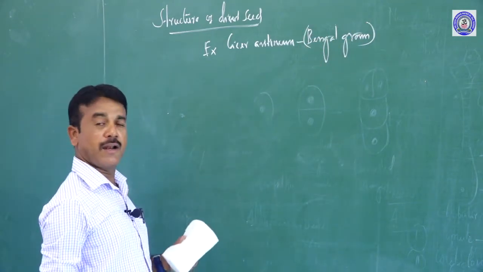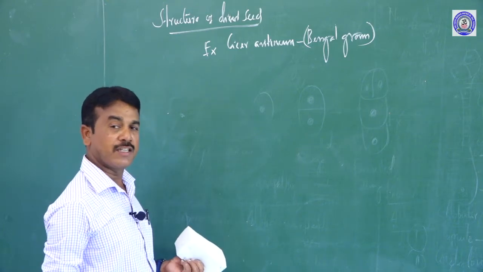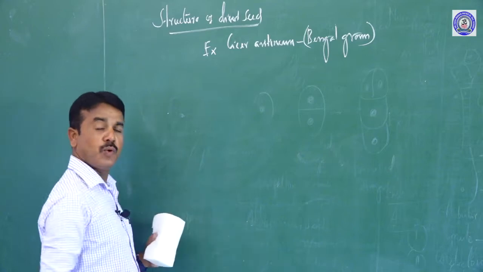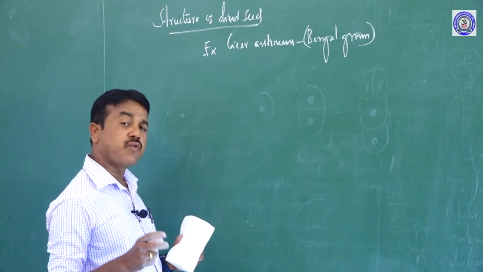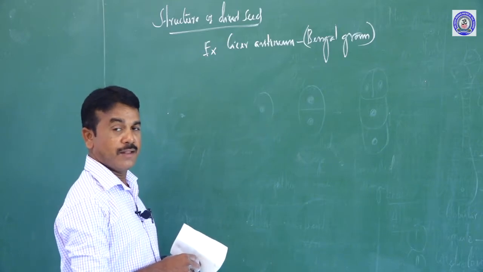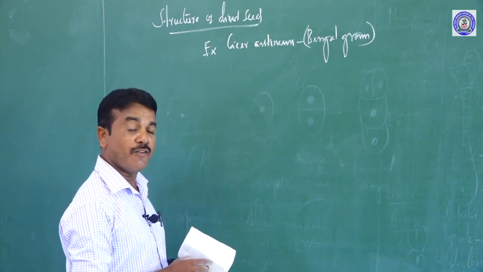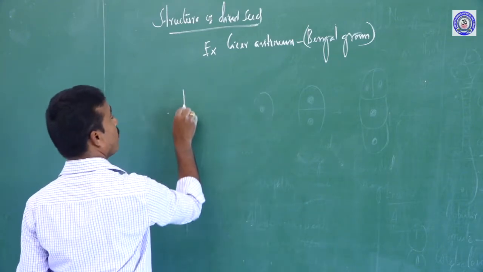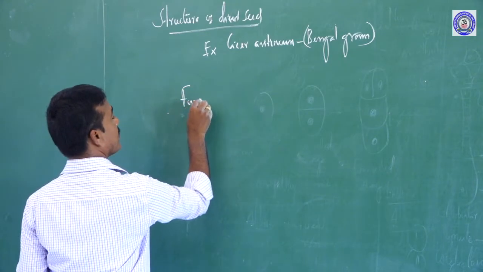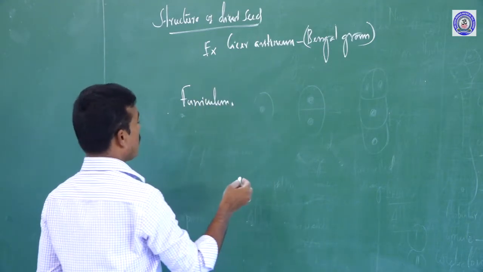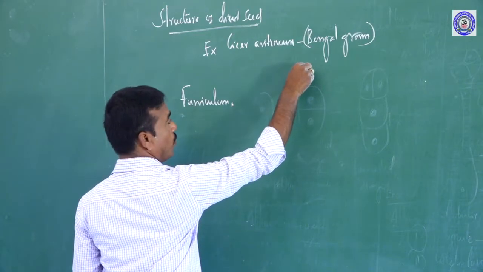For the structure of Bengal gram, there is a fruit. In the structural view, the seeds are attached to the fruit wall. The stalk by which it is attached to the fruit wall is commonly called the funiculus.